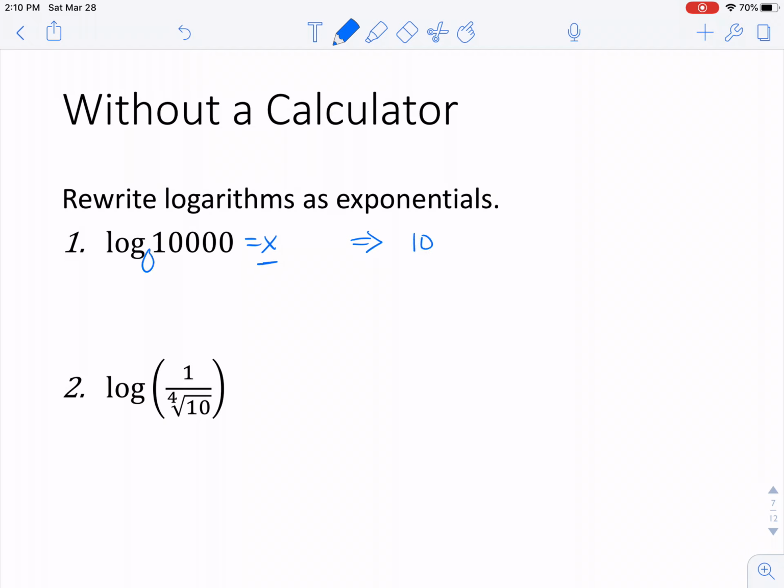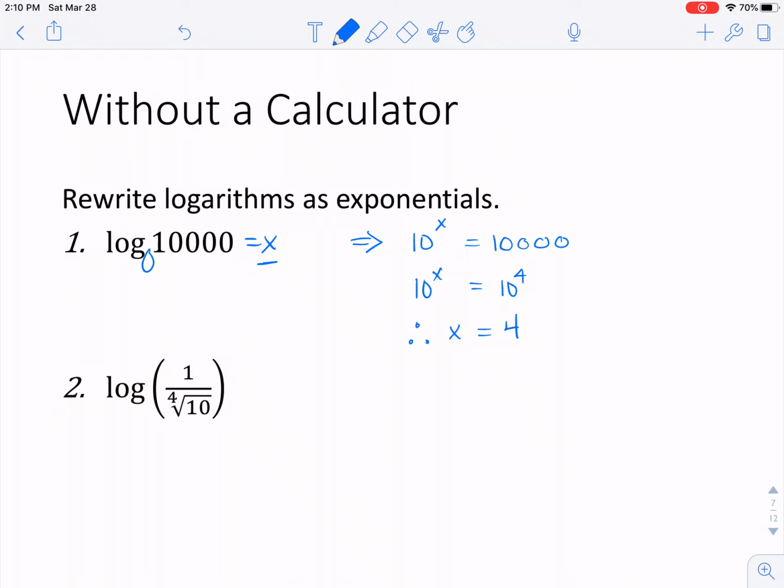My answer is an exponent, and the answer is equal to 10,000. Now we just apply what we learned in our last unit, which is that 10 to the x is equal to 10, 4 zeros, so 10 to the power of 4. Therefore, x is equal to 4.